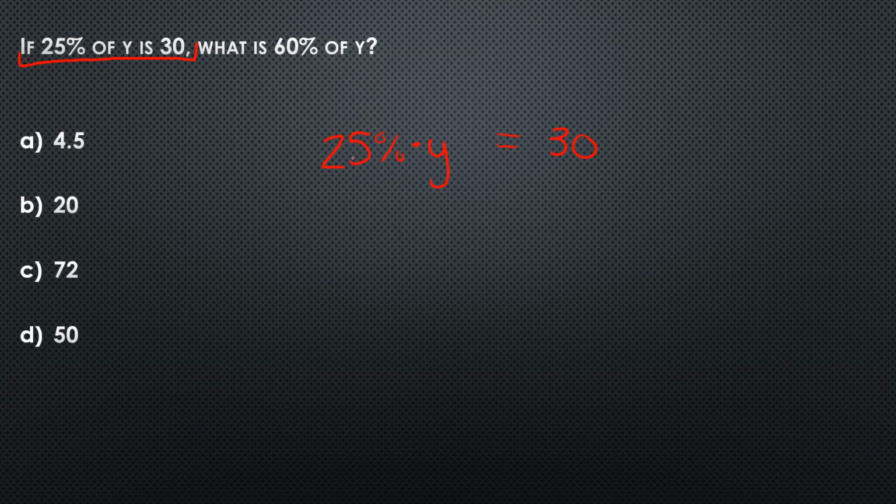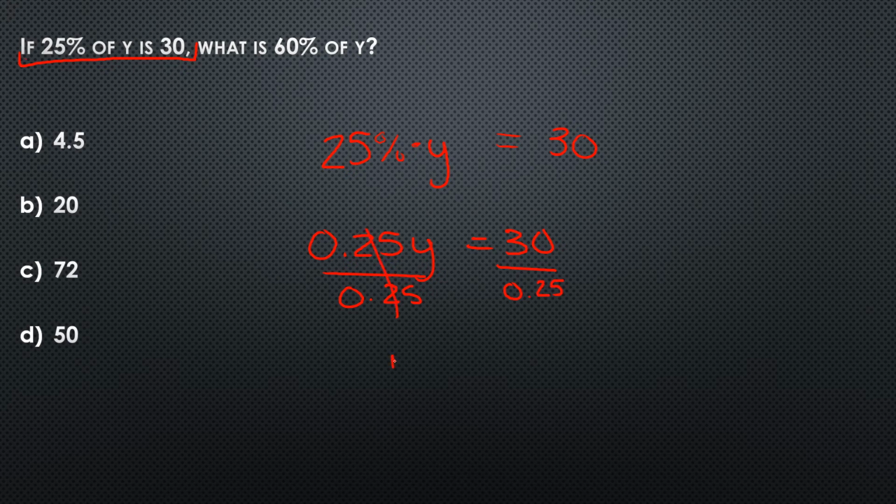Remember, before I start working with this, I need to change this percent to a decimal. So again, divide it by 100, you get 0.25 times y equals 30. This looks very similar to our last step when we're cross multiplying, which is to divide both sides by the number attached to my variable. So I'm going to do that.